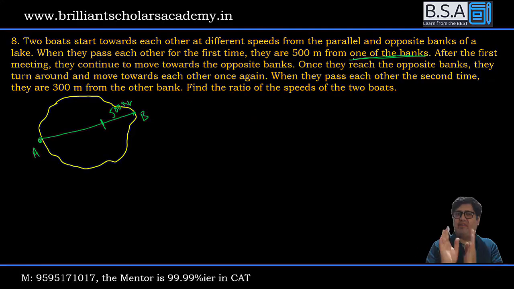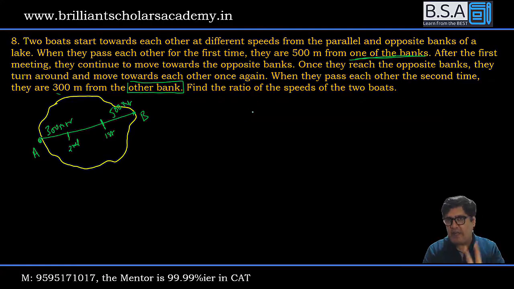So I can assume one of the banks is, in this case, B. After they meet, they continue their journey and they meet the second time 300 meters from the other bank. So this is the first meeting point, and this is the second meeting point, 300 meters away from A.